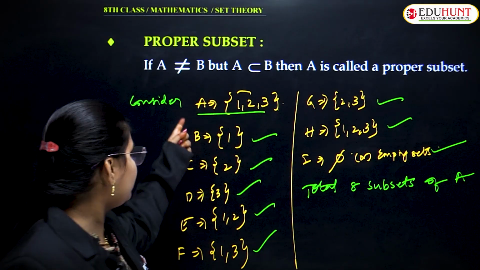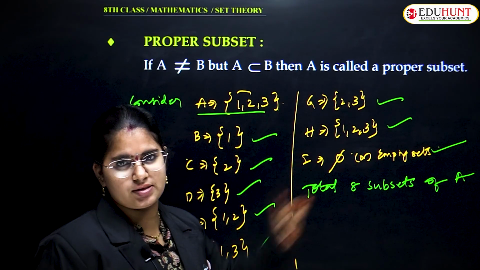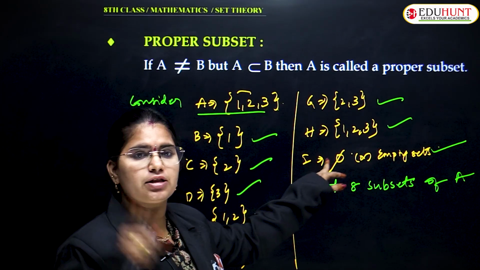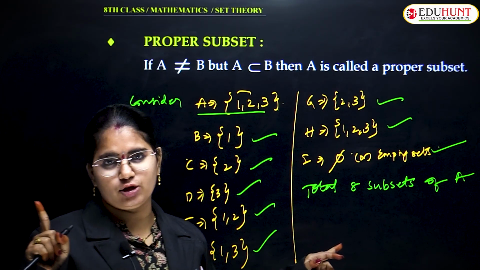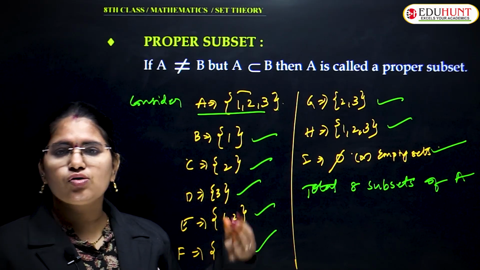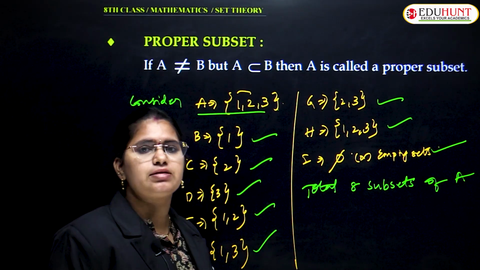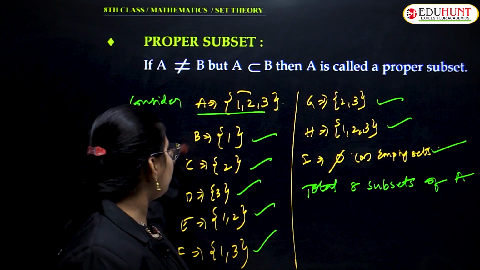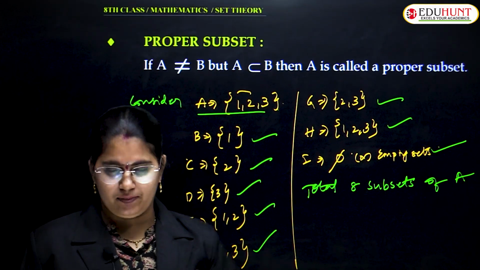This is the main set, right? So I got 8 subsets, correct? The null set is a subset of every set because the null set doesn't have elements in it, right? So the null set is a subset of every set. So in total we have 8 subsets of A.